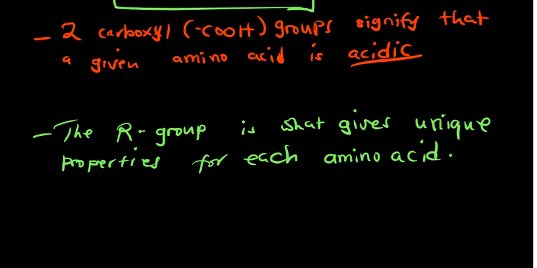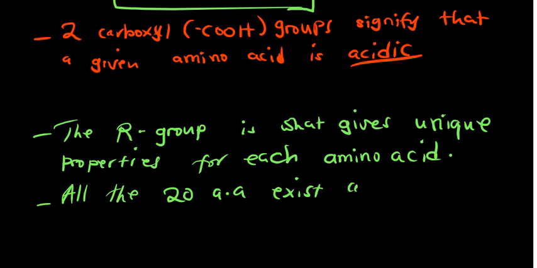So amino acids can exist as L and D amino acids, but the amino acids that we are talking about here, all the 20 amino acids, exist as L amino acids.